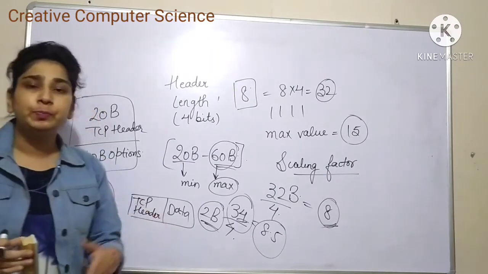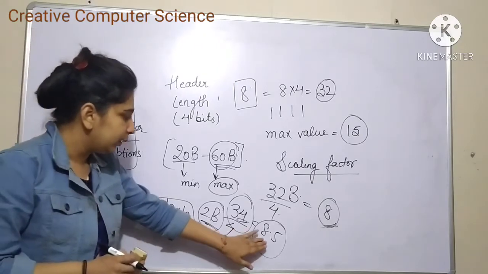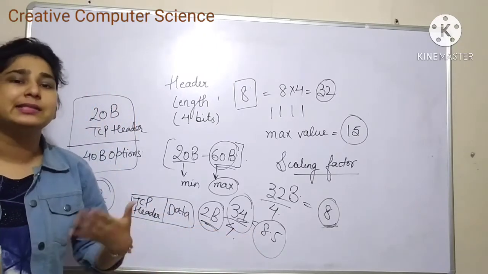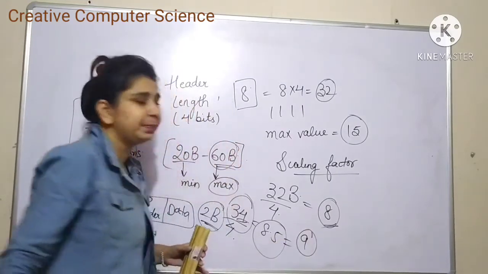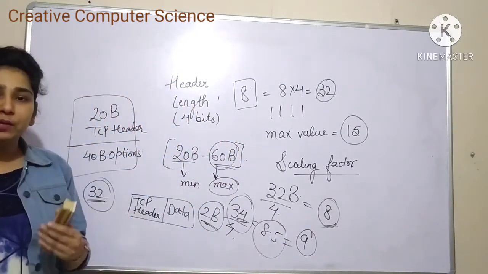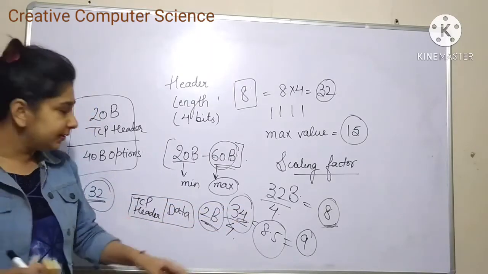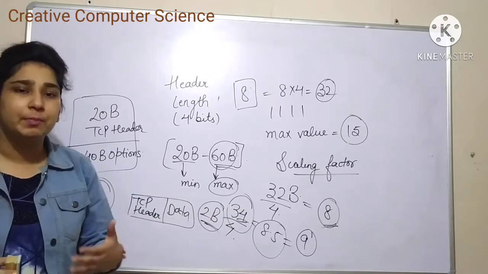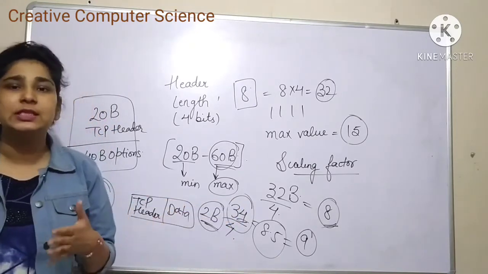So what we do, we always take the ceil value. Okay, we always take the ceil value. What we will do, we will be taking 9. Okay, and the 2 bytes of dummy bits we are going to add in the options field.